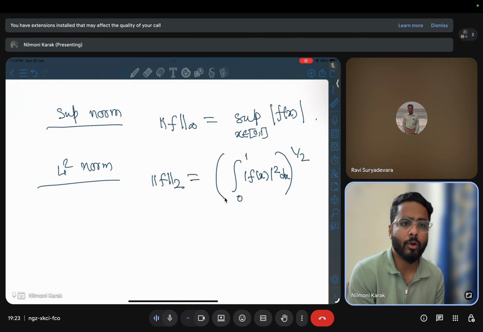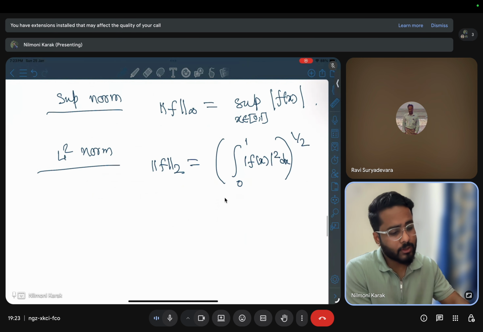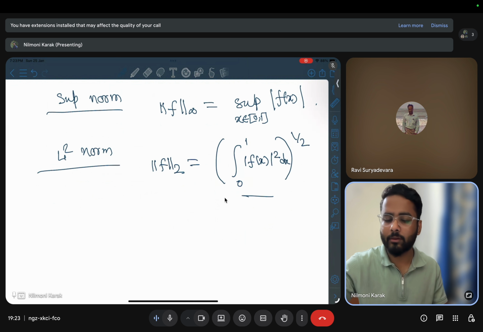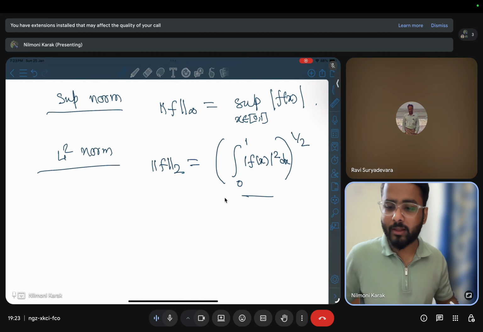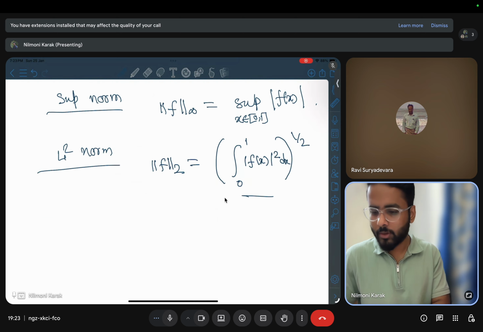You can study some basic real analysis. So these two norms we have to check, whether the space C[0,1] is complete or not.